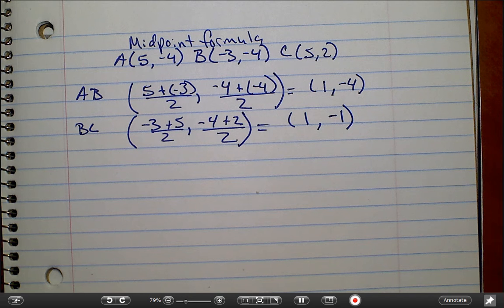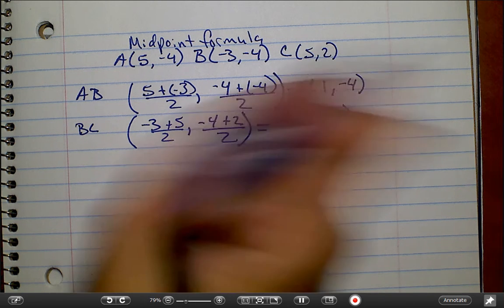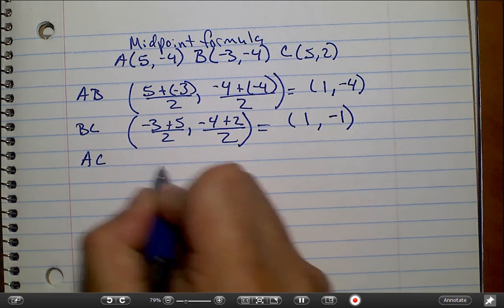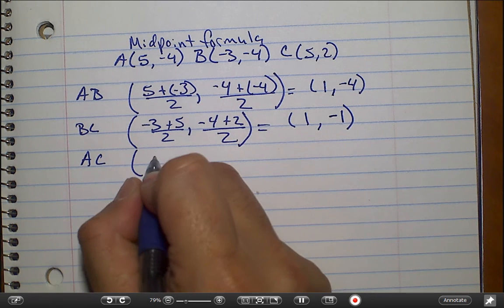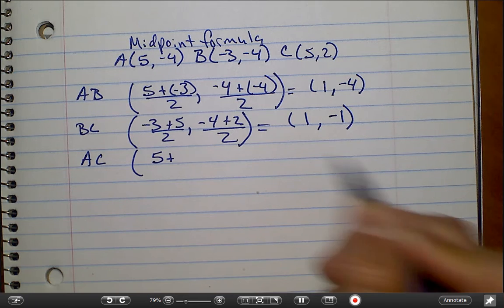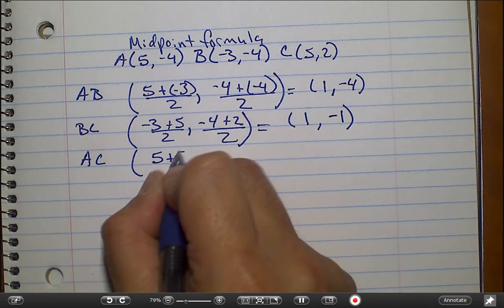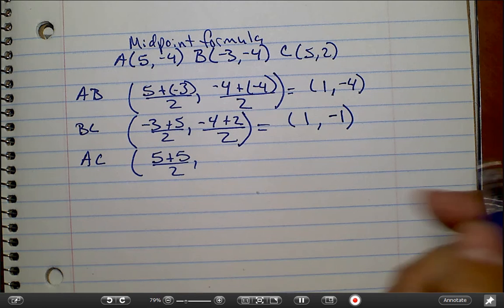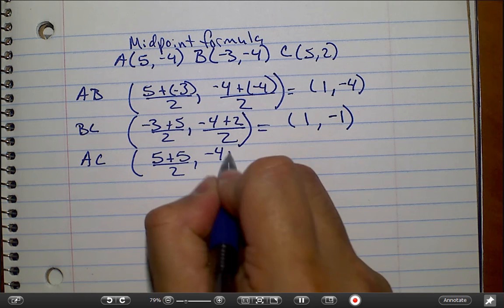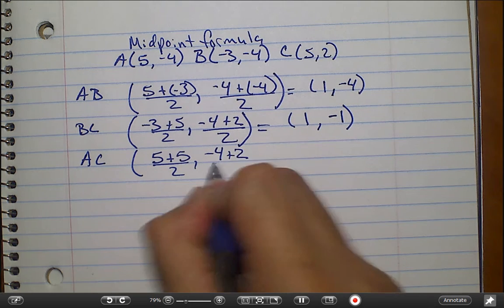And then my next one, what's my last line segment going to be? AC. Very good. So I have AC. A is my first point here. So my X value is 5 plus 5 over 2. And for my Y's, -4 plus 2 over 2.